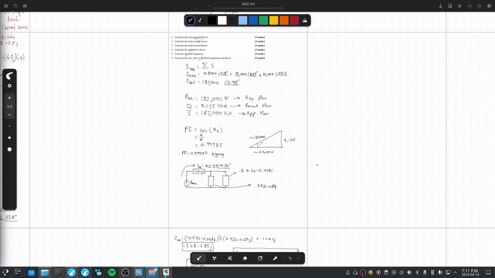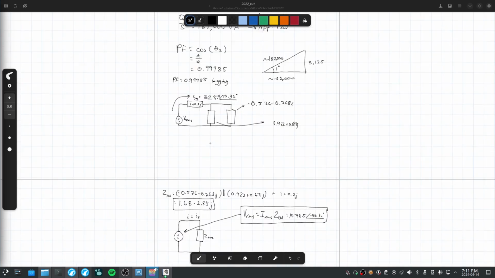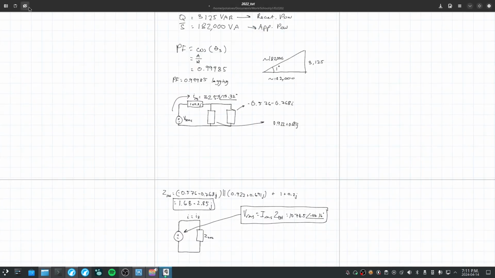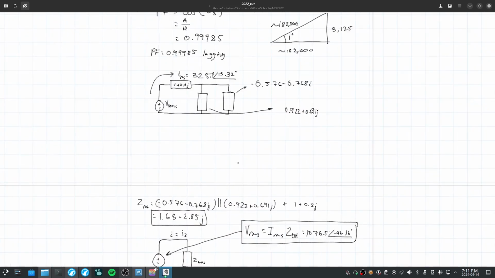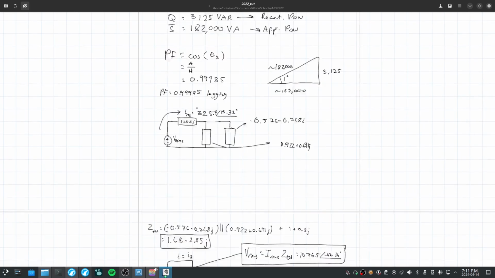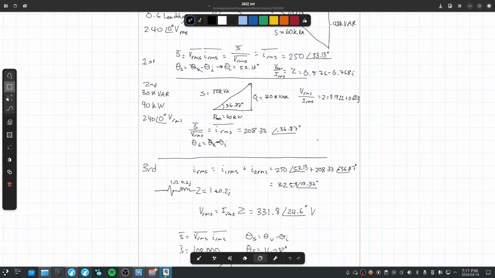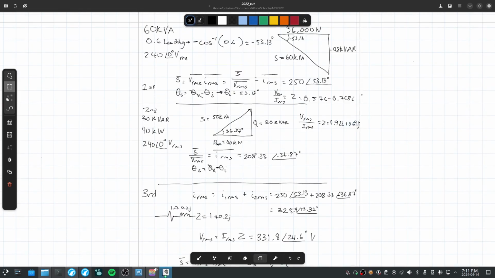Can you show the last part of the question again? Sure, question 5 or 6, like total impedance or the RMS value? This is the main part I remember. 6. Okay, here. So we have the, let me copy over the impedance of each one so it's clear what's going on here.